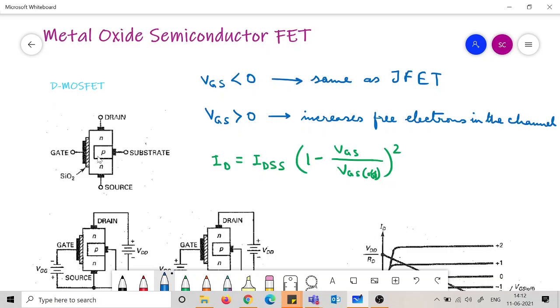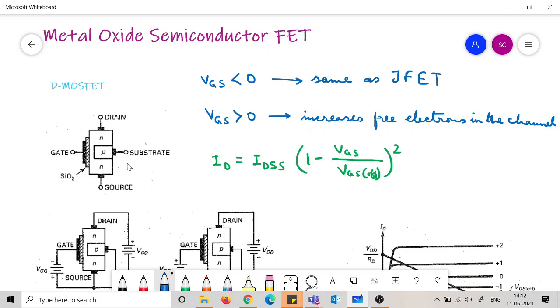There is only a P region at one end, and now you can see that this P region is called a substrate, and there is a lead coming out of that substrate, so there are actually 4 terminals in this device. However, the substrate and the source are shorted, connected together.